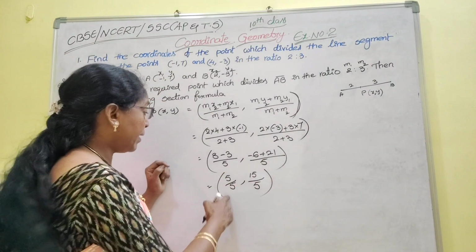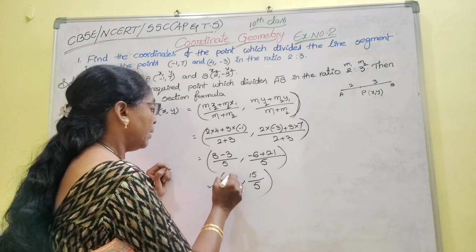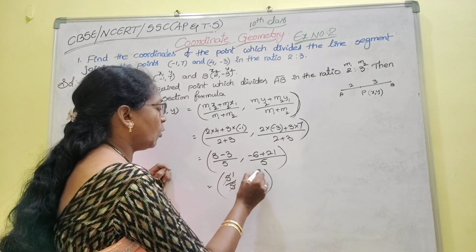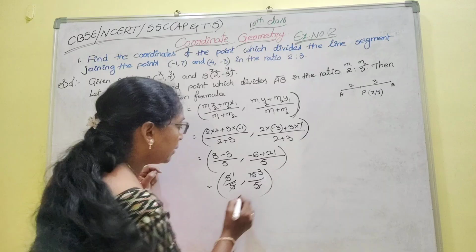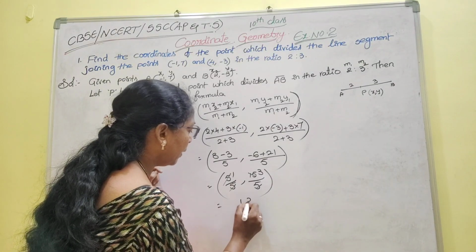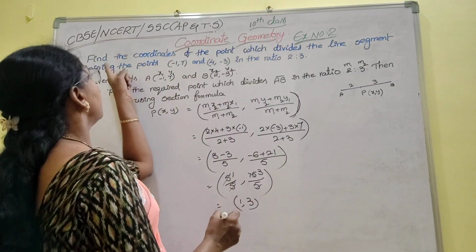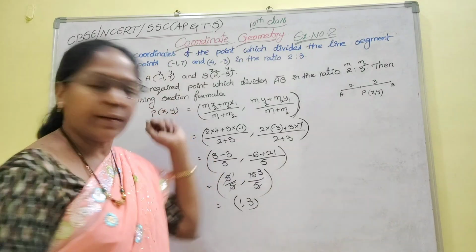Now 5 cancels in 5 one time. In 15, how many times does 5 go? 3 times. So what are the points here? (1, 3). Here what you have to find out is the coordinates of the point.